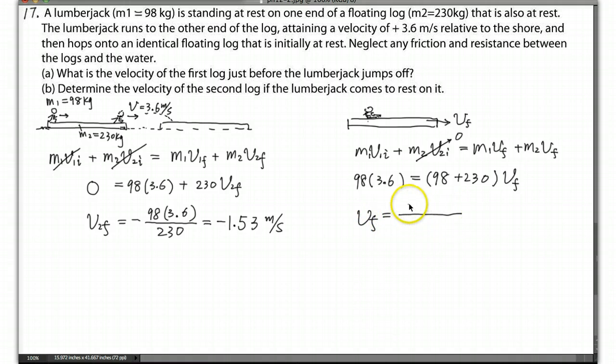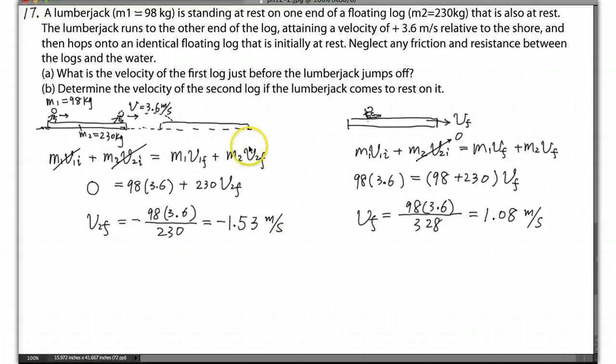You should get 98 times 3.6 divided by, add them together, 98 plus 230, you should get 328, and then you calculate 98 times 3.6 divided by 328, you should get 1.08 meters per second.